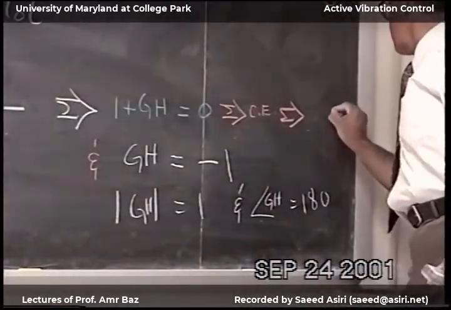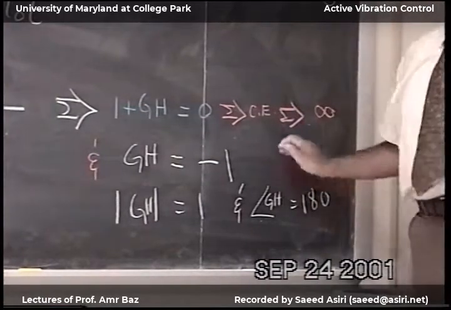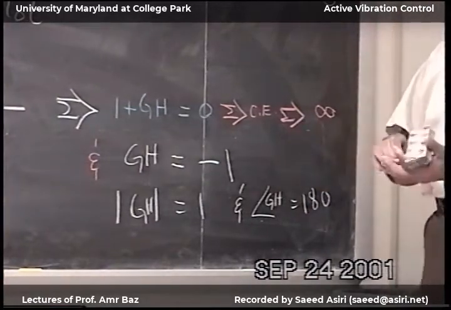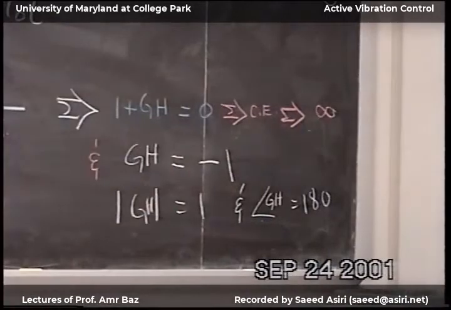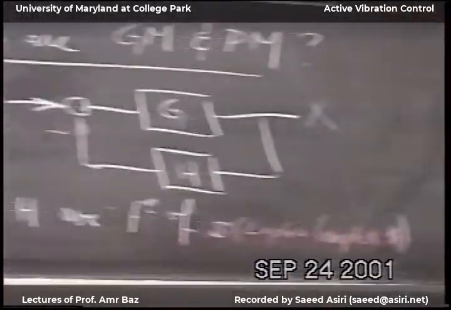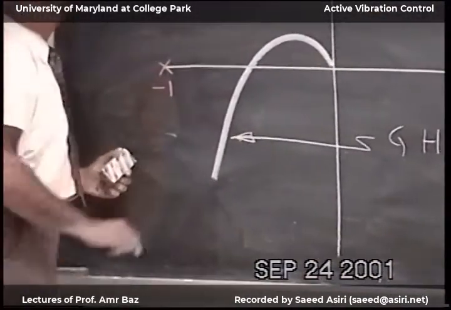Okay? I don't want the amplitude to be infinite. So I want to stay as far as I can from point minus 1.